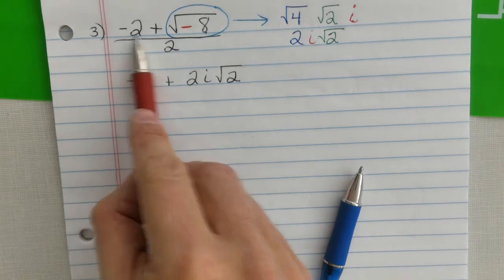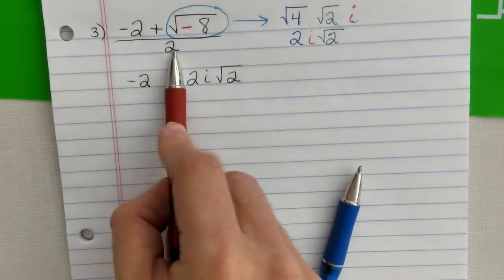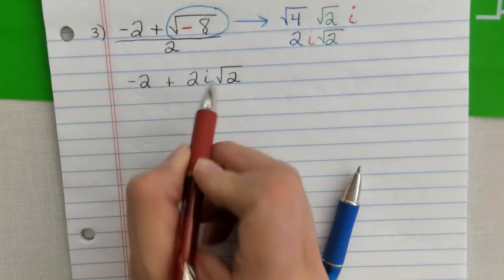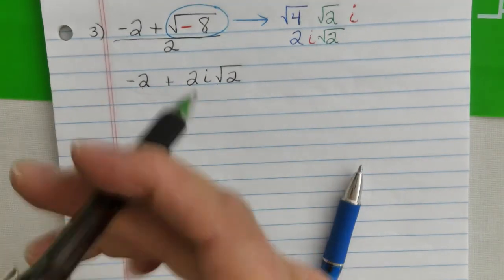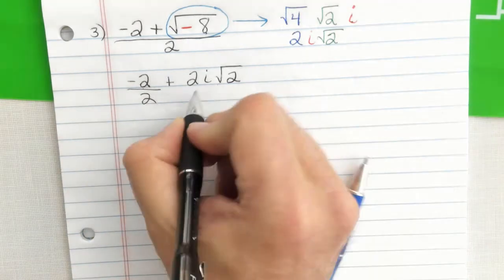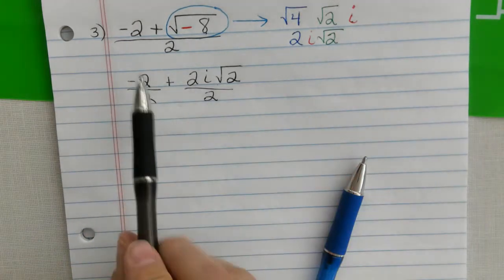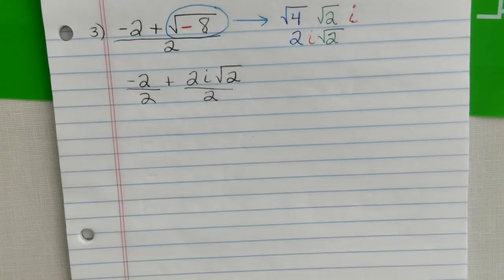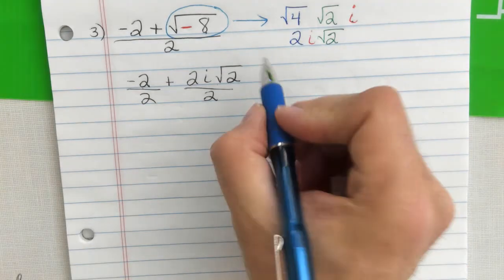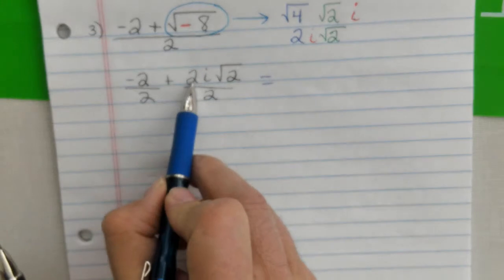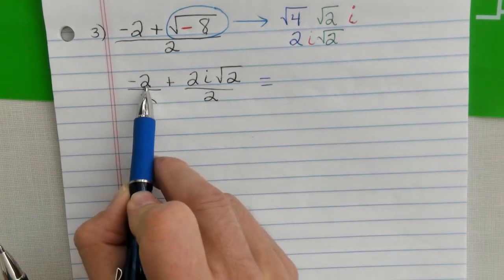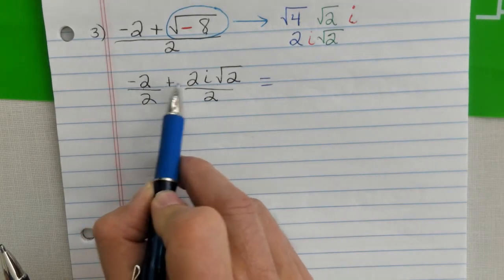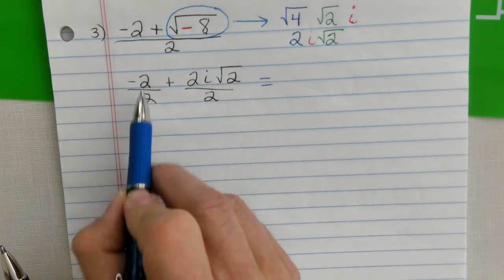Both of these terms are over 2. You've got to put both of these over that 2. And now cancel. Sometimes students will only cancel one of these 2's right here. But in actuality, they're both being canceled.